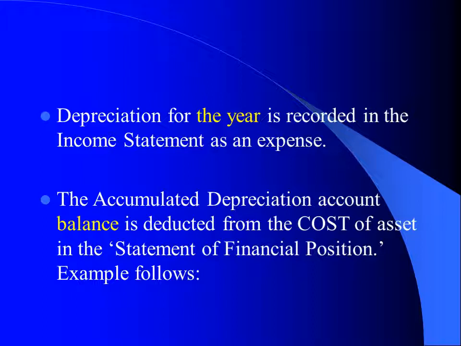The previous name for this statement used to be balance sheet. The new name is statement of financial position. So the accumulated depreciation account balance, and remember it is the balance of the account, it is the cumulative balance amount that is taken to a statement of financial position, and the next slide will show you the presentation in the statement of financial position.